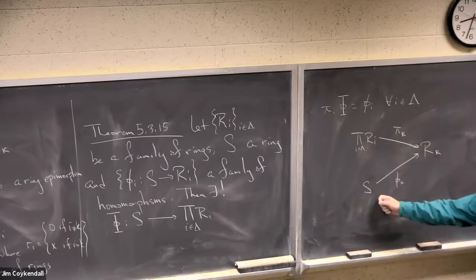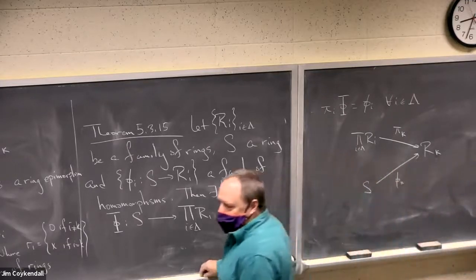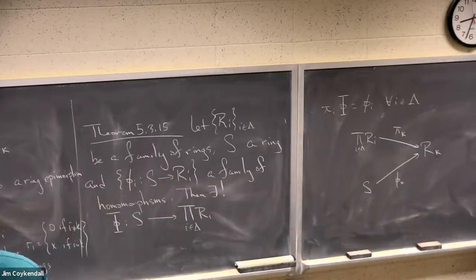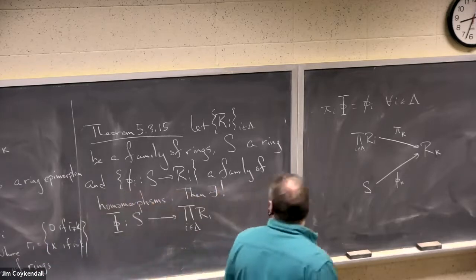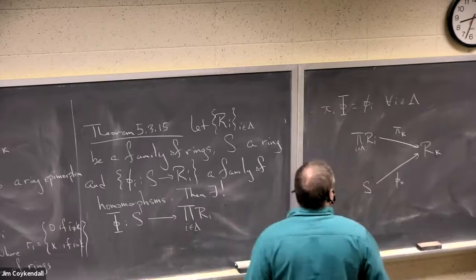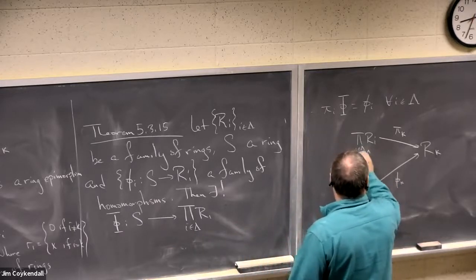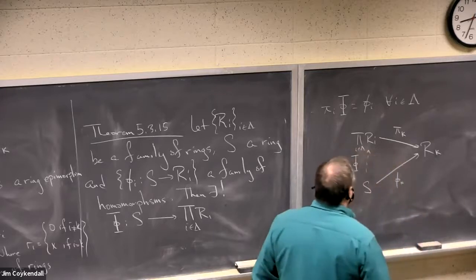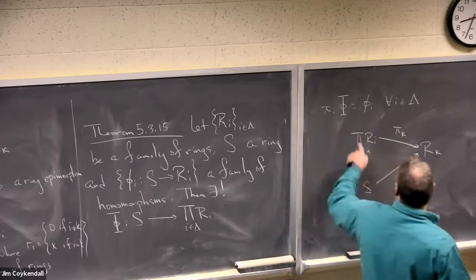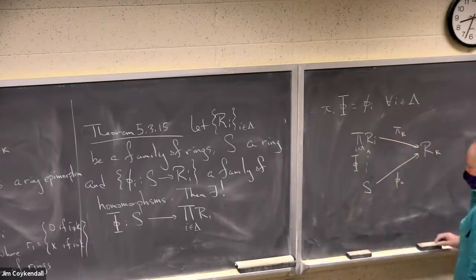So by hypothesis, I have all these homomorphisms going from S to R_i. I also have my projections from the direct product. And so there should be a unique homomorphism, P, that goes from S to the direct product of the R_i, such that when I do P and then I do pi_k, it's the same thing as this.